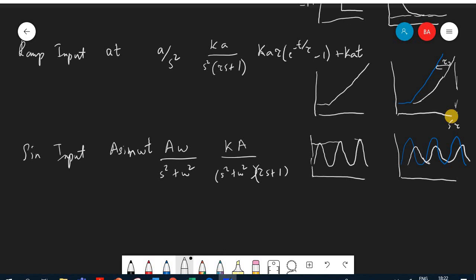So we have taken the effect of the different inputs on a first order process, and I hope that we are about to finish chapter 4.